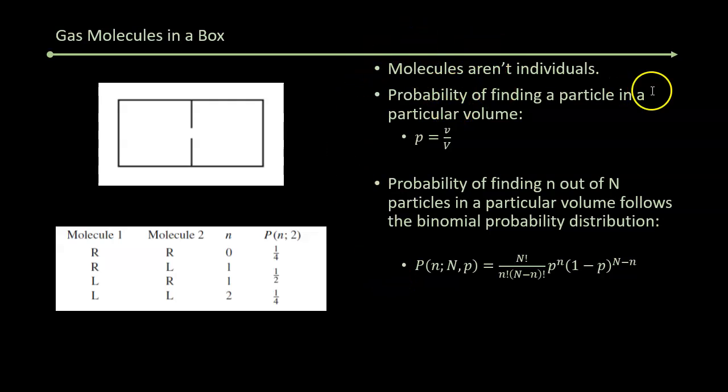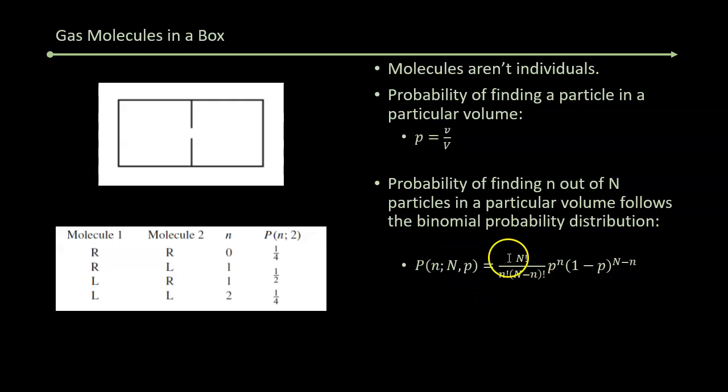So the probability of finding a particle in a particular volume is the volume the particle takes up over the total volume. So if you have n particles, we've got a binomial distribution. So n factorial, you probably know what a factorial is. If not, ask in the discussion thread.